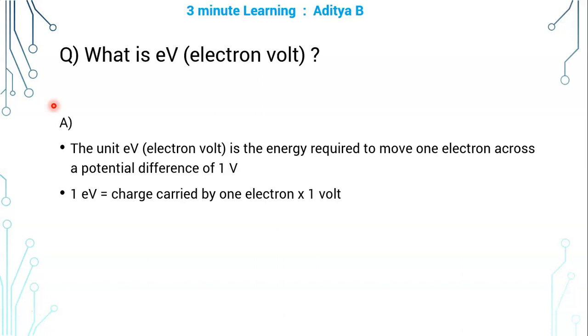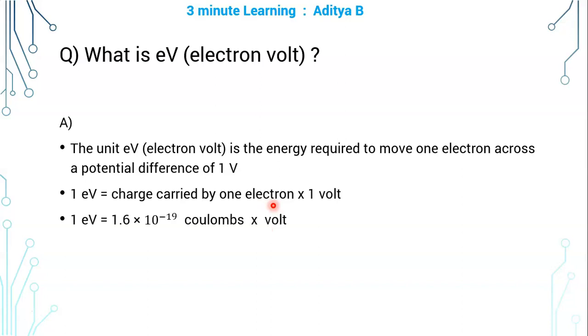In other words, the work done to carry one electron through a potential difference of 1 volt is called 1 electron volt.